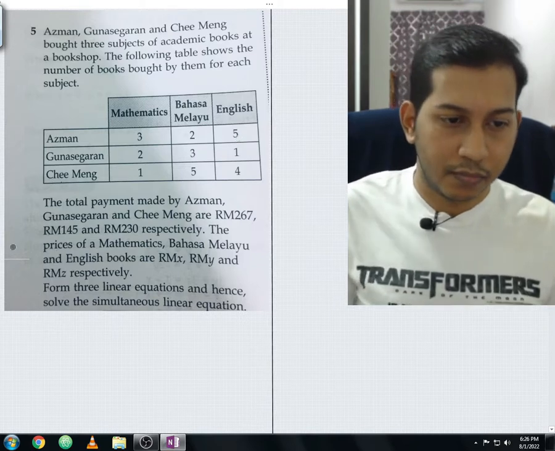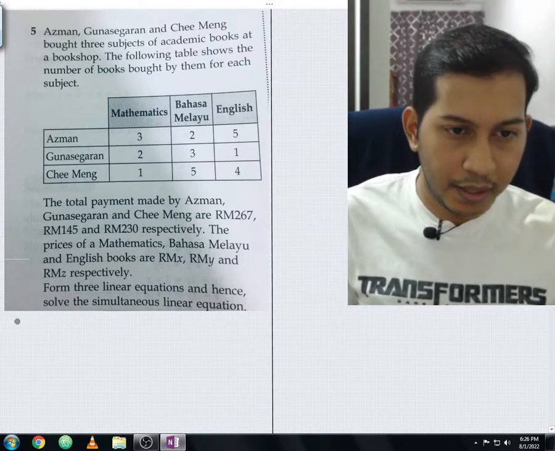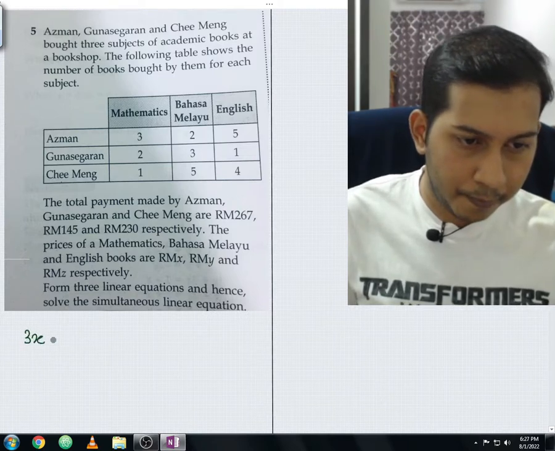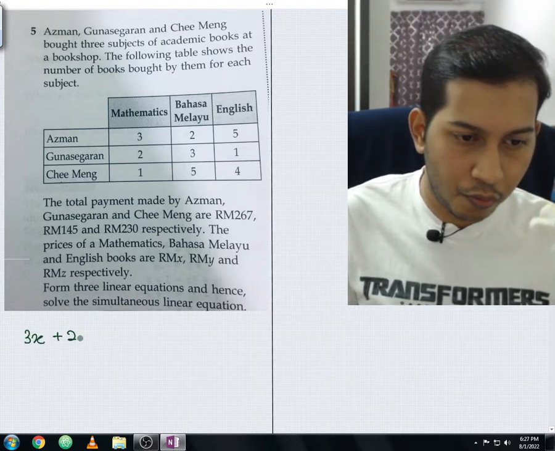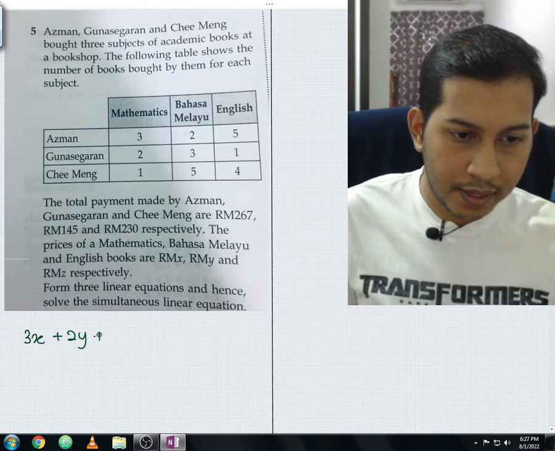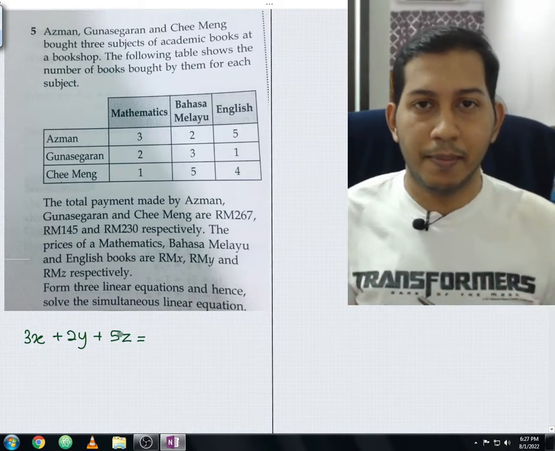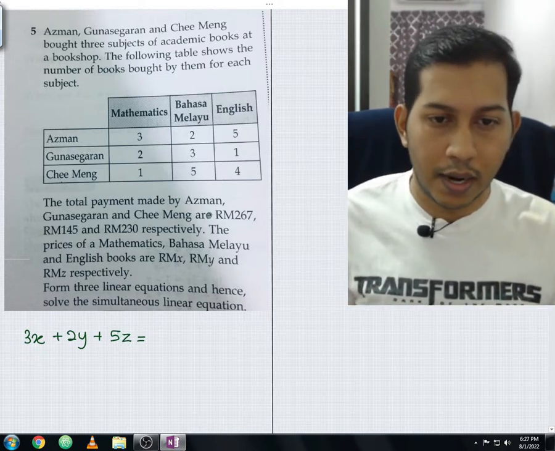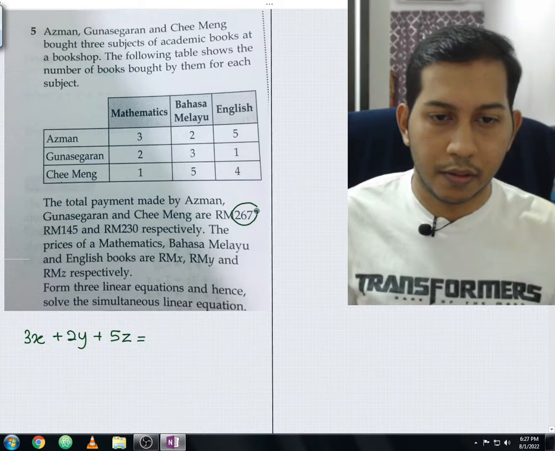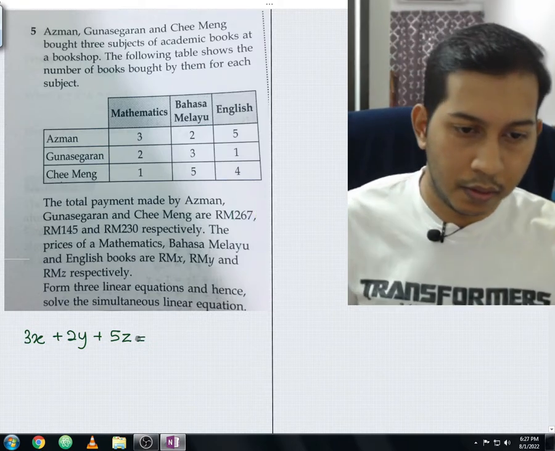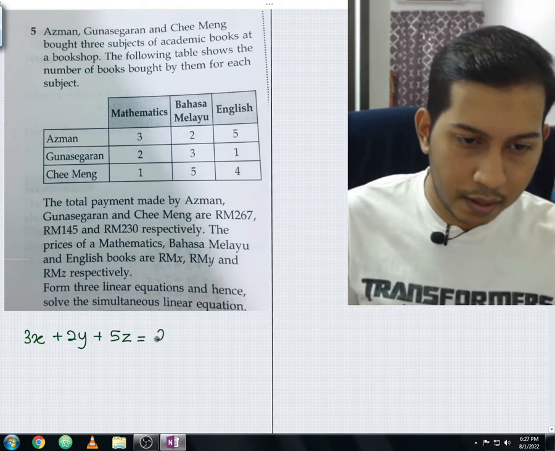So from here it will be 3x plus 2y plus 5z equals to, how much the total payment made by Azman? 267. This is the total. So you write here 267.